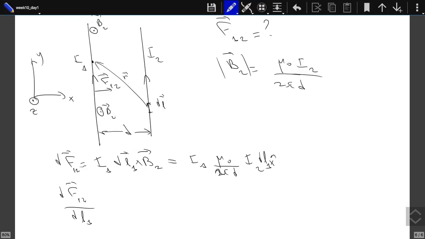If it's an infinite wire, the total force will be infinite, but we can still talk about the force per unit length of the wire. It will be 1 over 2 pi d times mu0 I1 times I2 in the x direction.